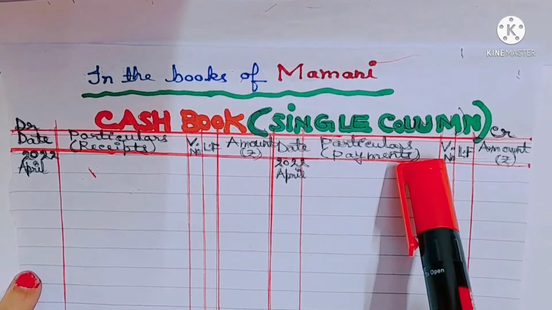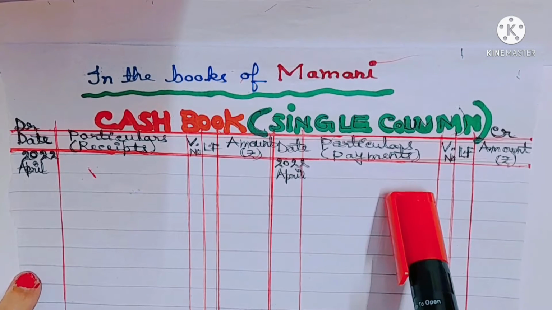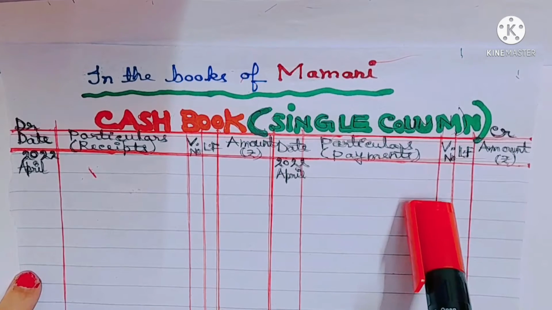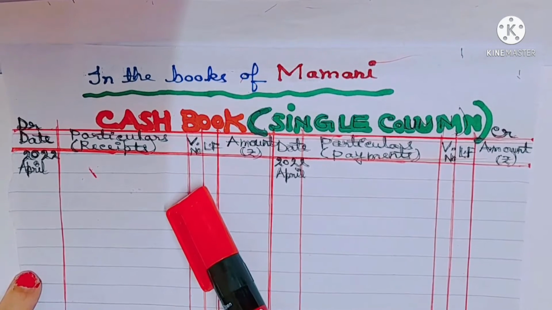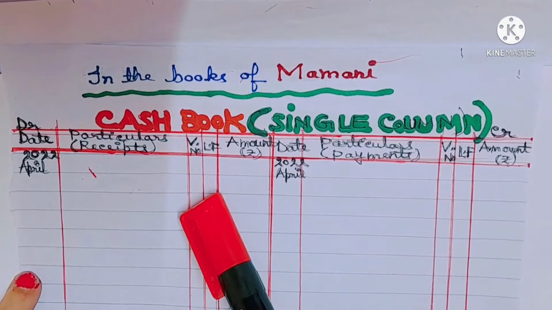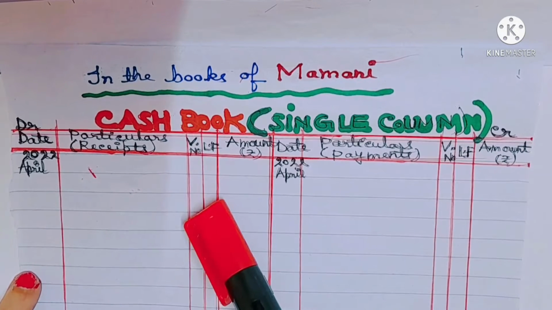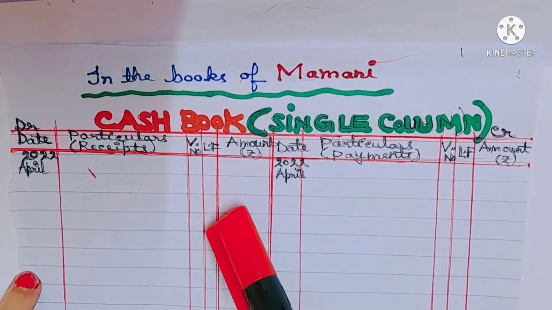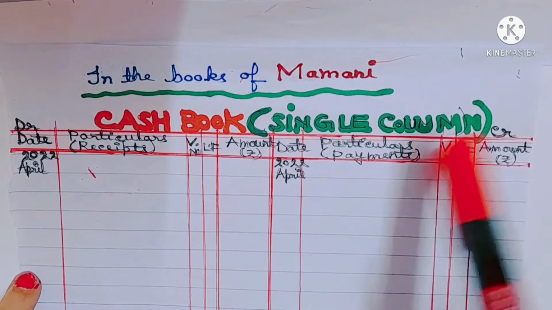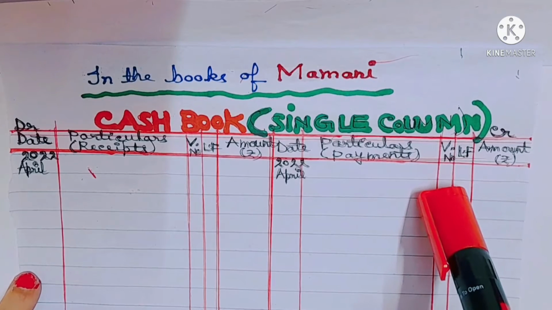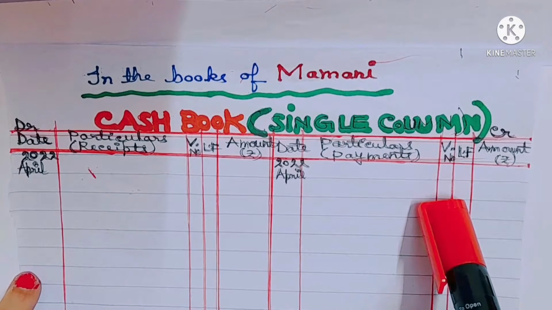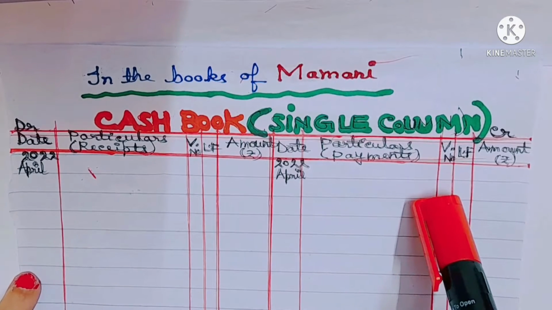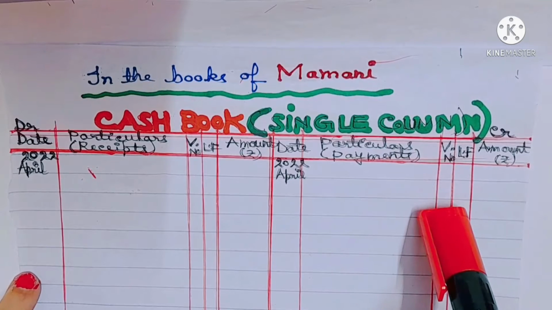In this column, particulars or payments, the name of the account in respect of which payments have been made is written here. Third column is V number or voucher number. What is voucher number? The serial number of the voucher certifying the receipt is written in this column. Similarly, on the credit side, voucher number is the serial number of the voucher certifying the payments is written in this column.